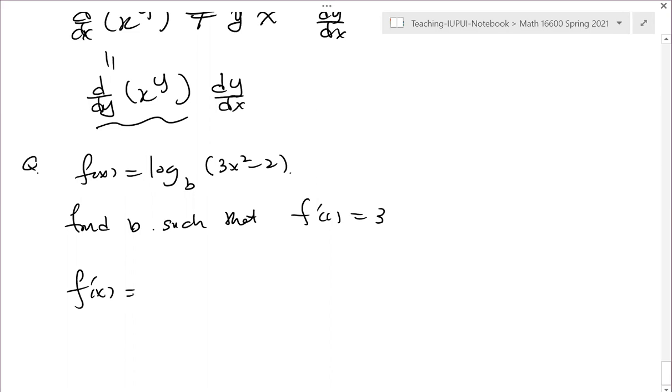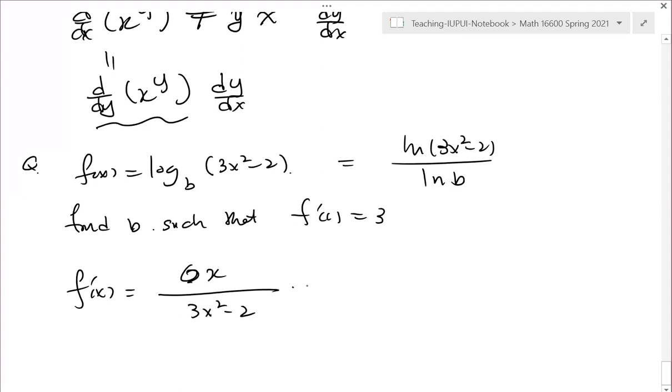What is the derivative of this? Well, this function can be written in the form natural log of b times natural log of 3x squared minus 2. All I have to do is find the derivative of natural log of 3x squared minus 2. So that is going to be the derivative of 3x squared minus 2 over 3x squared minus 2. Then you differentiate the numerator. It will be 6x. Why do you get 6x?